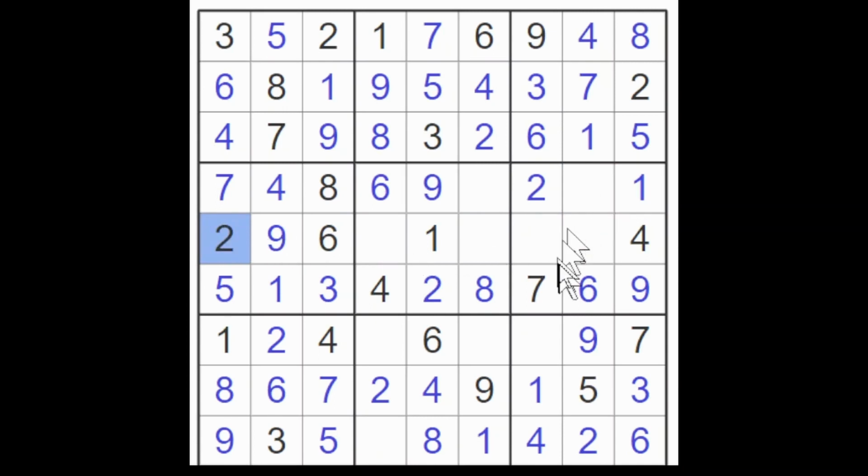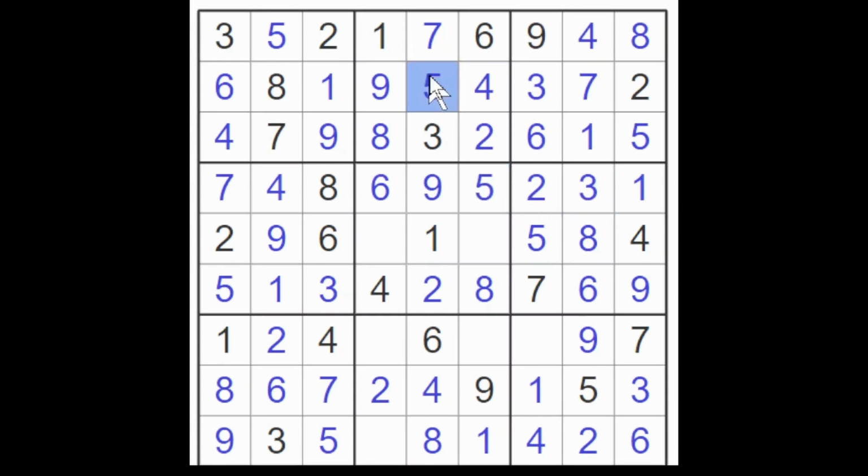Now we need to find 3, 5, and an 8 for these 3 cells. There's an 8 here, and that makes one of these 2 cells an 8. And there's a 5 here, so of course this is a 5. And this is now an 8, and that cell here must be a 3, making this one a 5.